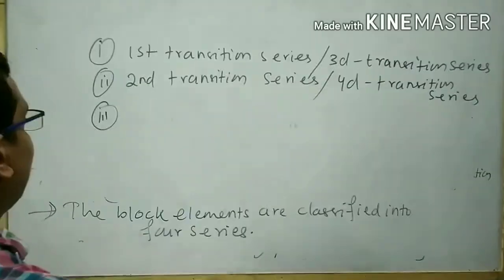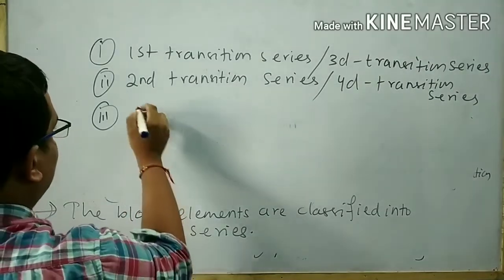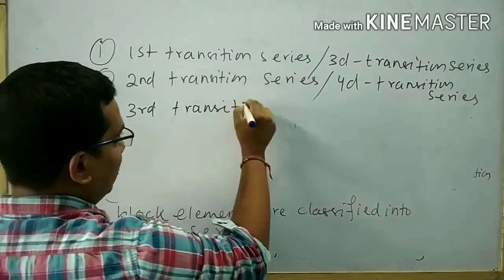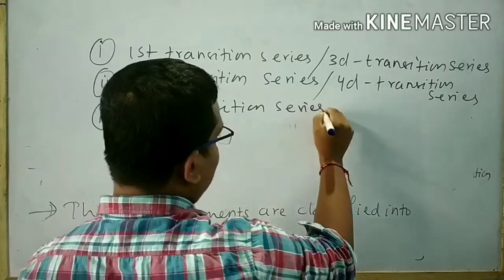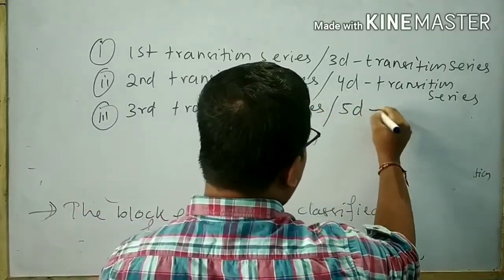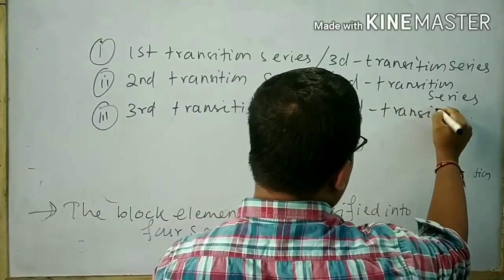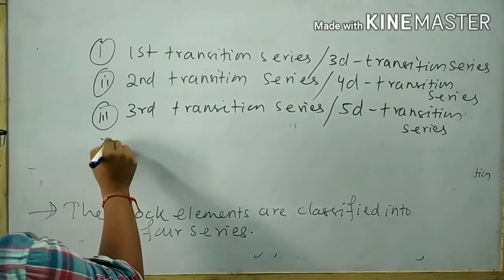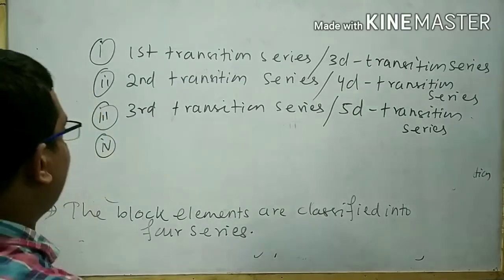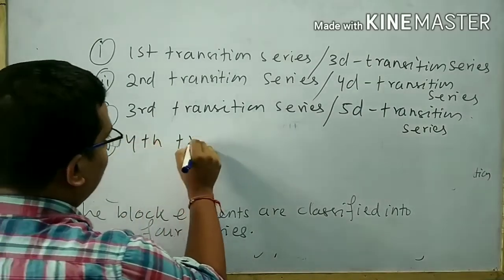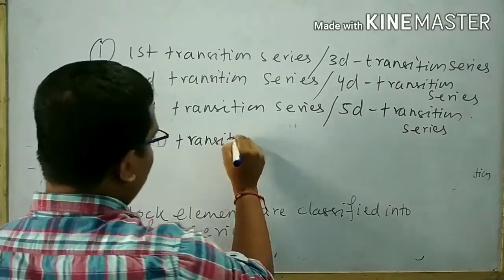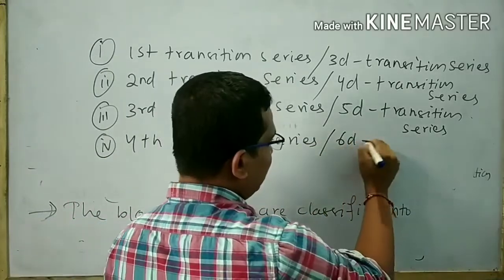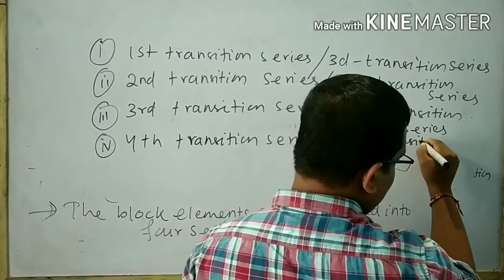Similarly, the third is your third transition series, or you can think about 5d transition series, and the fourth is your fourth transition series, or 6d transition series.